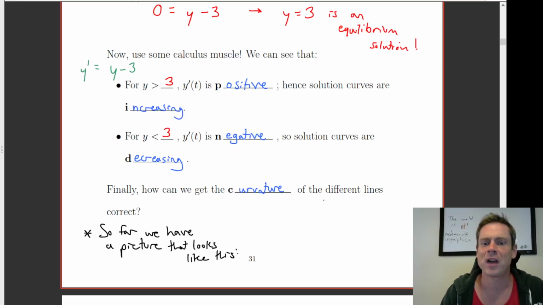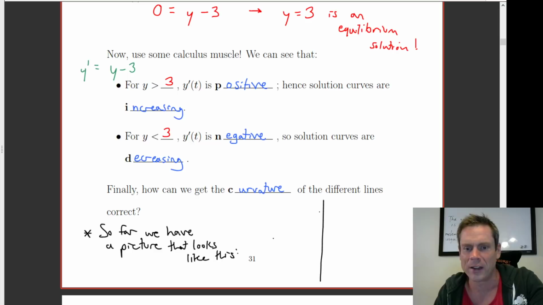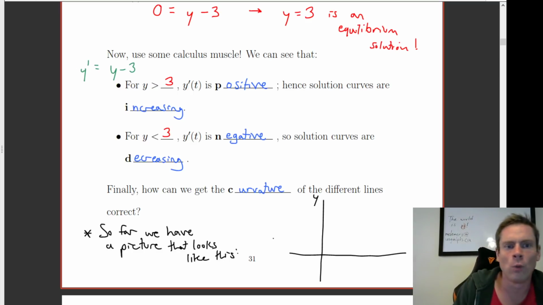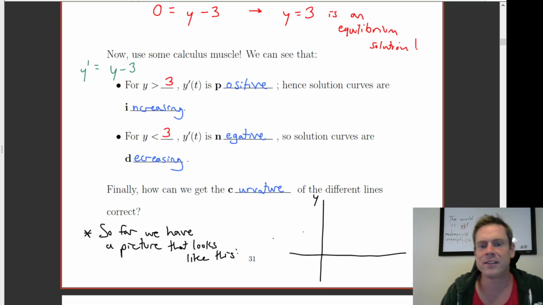Oftentimes, I would start a picture if I was doing something like this, and add to it as I go. I guess it's y equals 3. I'm going to keep the axis down here, and this is going to be t, and this is going to be y. So what we have so far is that y equals 3, so I'm going to call this 3 right here.